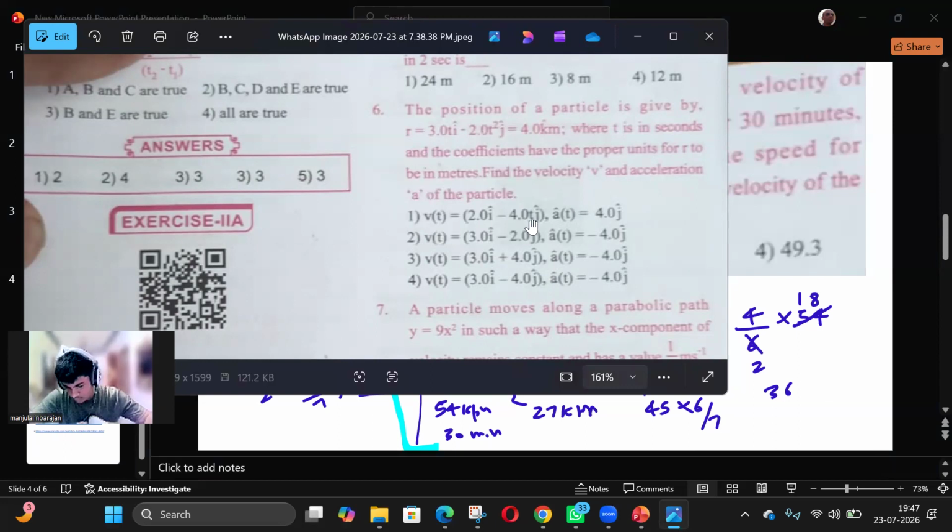And acceleration is dv by dt, -4. Actually, the option 1 with the minus sign here, there's a mistake in the question. What is the given answer? The answer is given as the sixth one, option 4. The t is missing here. This should be -4t j cap. Here it should be t because velocity is differentiated once. If you differentiate t square, we get t. So there should be a t here.